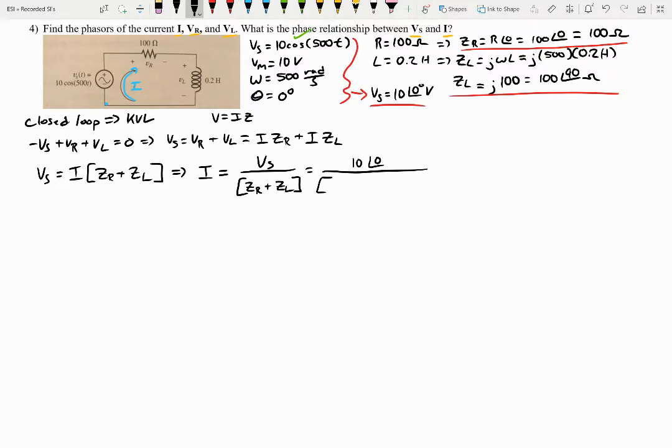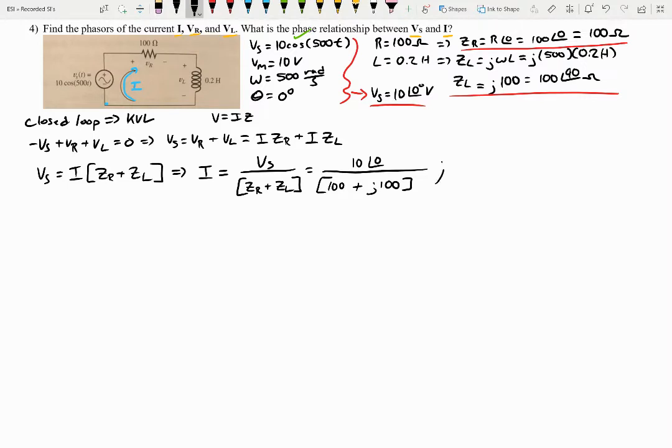And once again, like the concept videos, we're going to use rectangular because it's easier to work with when we're adding and subtracting. So doing that, we'll sub in 100 for Z of R, and we'll sub in j100 for Z of L. Okay. Then we'll leave it like such, because now when we add all this together, it'll just be 100 and then j100.